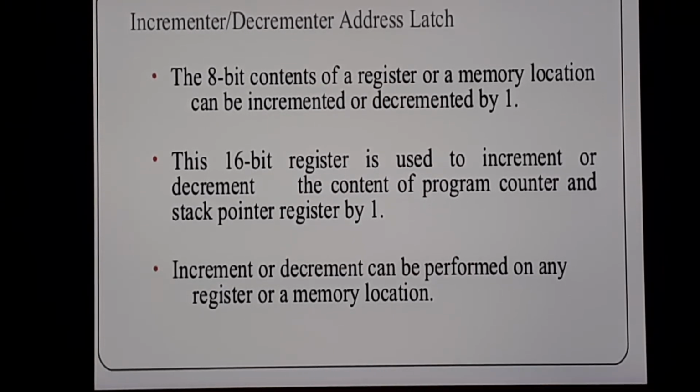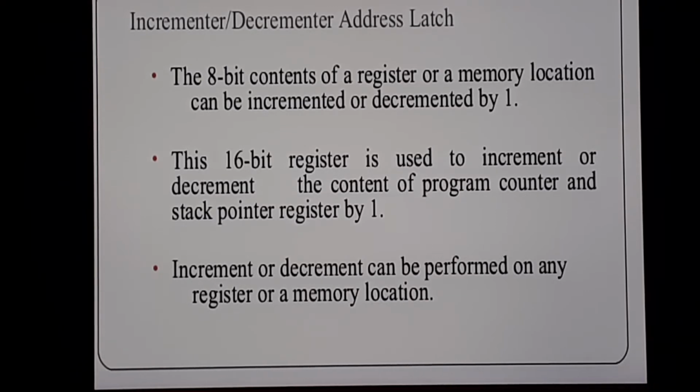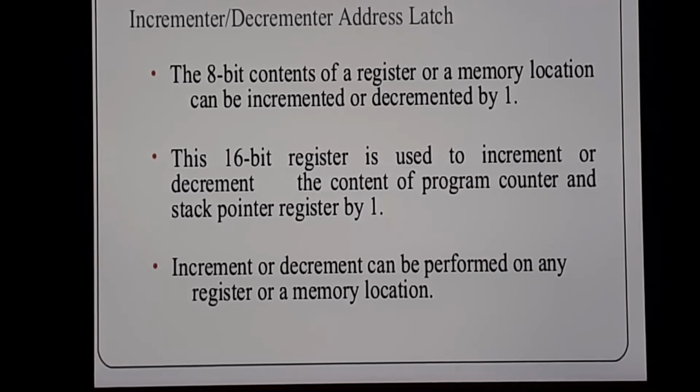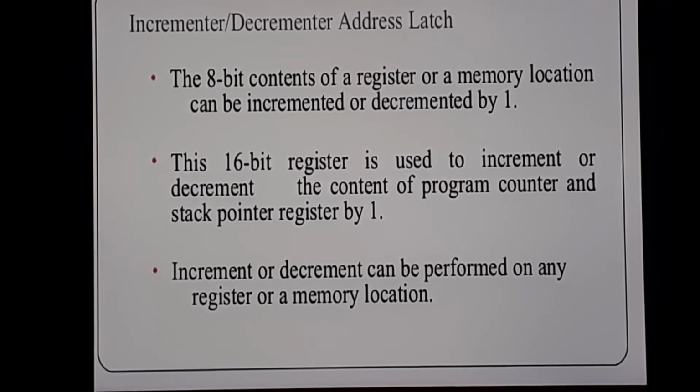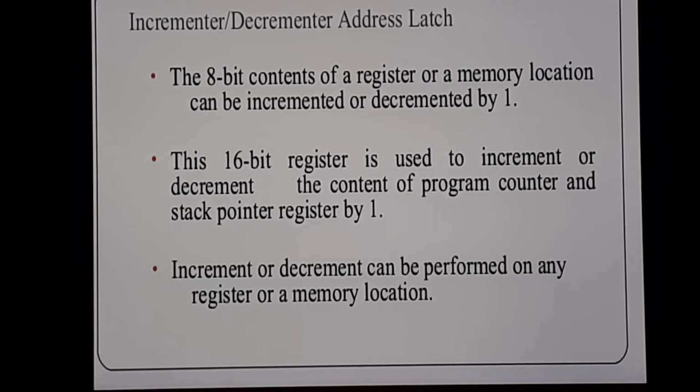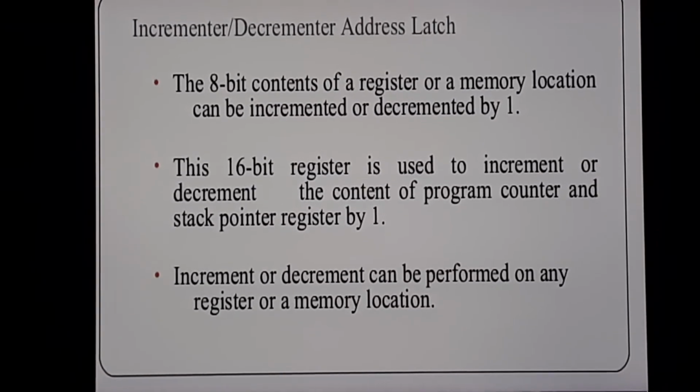Now what will increment here? There the variables used to increment in that particular chapter were plus, minus, correct? So here we'll talk about only the instructions in this particular chapter. So incrementer means it will increment that particular instruction by 1, and decrementer means it will decrement that particular instruction by 1.